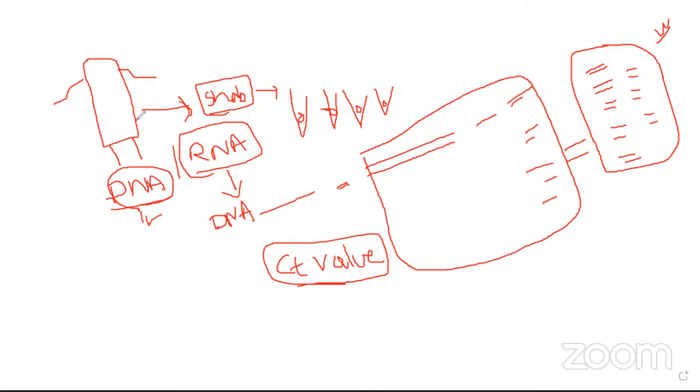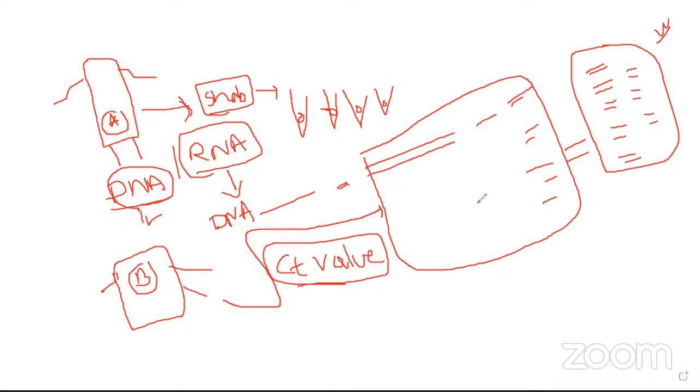For example, this is patient A. This is patient B. A person, not a patient, A person, B person. You collected a snap from person A and the same from person B. Through the PCR, the content is decided, and also the PCR cycle. Remember, the PCR cycle also.